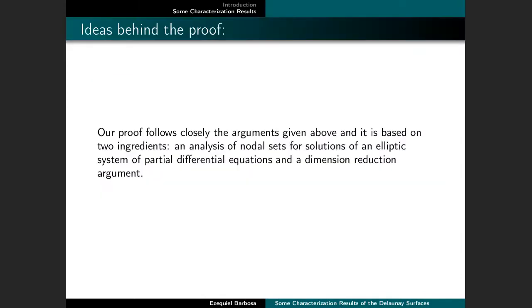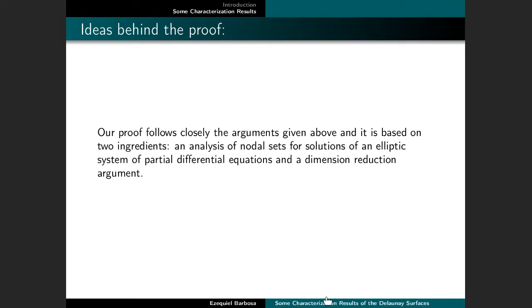And in order to prove this result, we perform the same idea as Mazet, Perez, and Ros in the minimal case. And we have to use a kind of dimension reduction argument in order to get inside a three-dimensional space. And this we have to do by analyzing moduli sets of solutions of elliptic systems of partial differential equations.